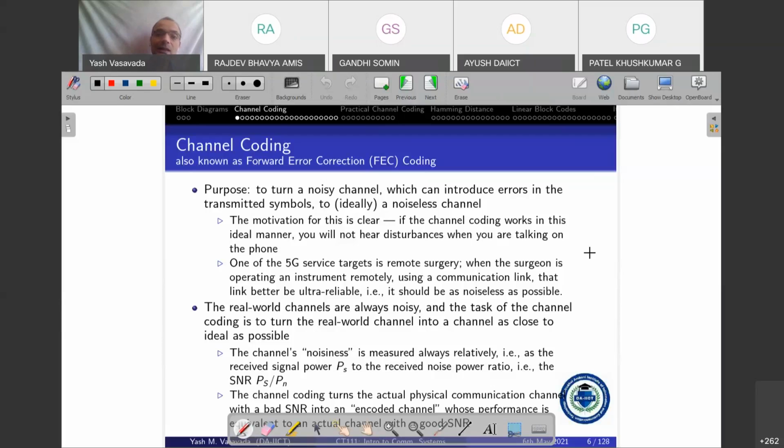And then, surprisingly, almost magically, it turns that channel with SNR of, let's say, maybe 20, into an effective channel whose SNR is maybe 2000. Without any change in what the transmitter is doing. We don't ask the transmitter to send more power. It's all by clever algorithms. Okay.